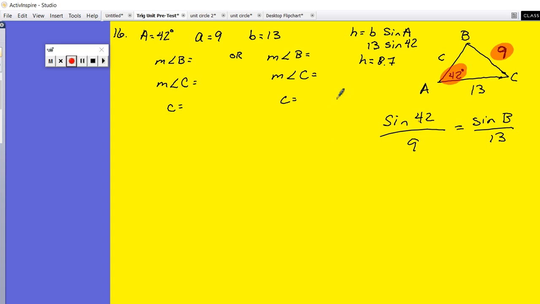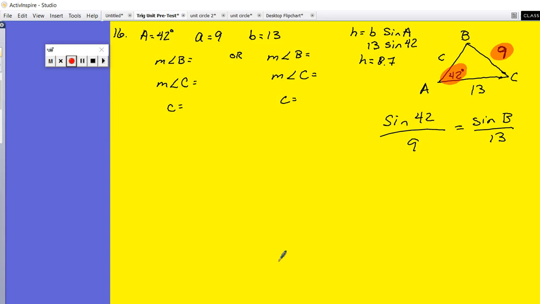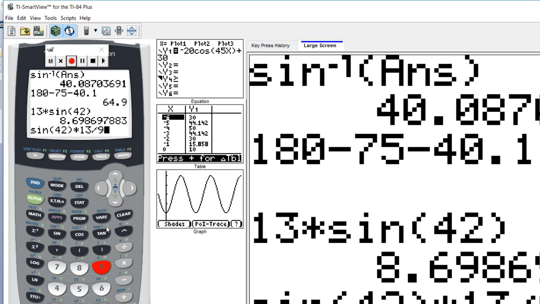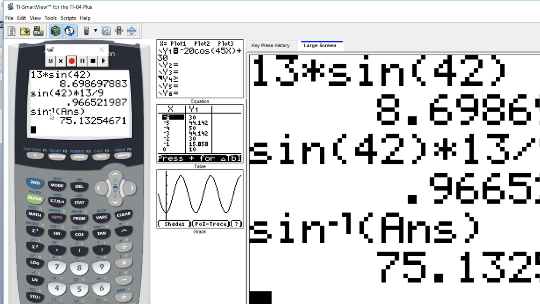So I'm going to go sine of 42 times 13 and divide it by 9. Hit enter. Now I'm going to go second sine and the answer. And that gives me the angle is 75 degrees.